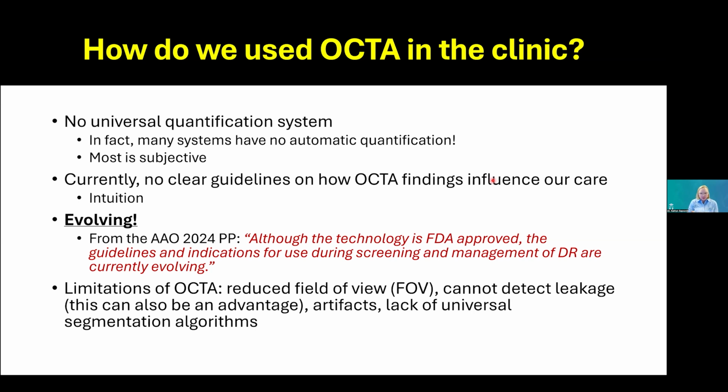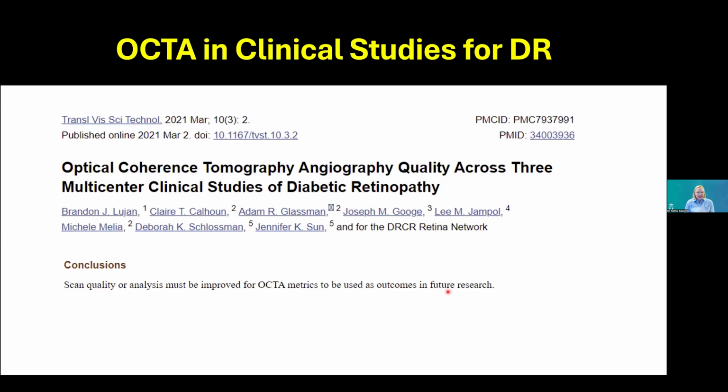There's, of course, a couple limitations of OCTA. Many of these are continuing to improve with faster scans and improving technology, but one of the main issues is that lack of universal segmentation algorithms that we discussed a little bit ago. Now, OCTA has already been used in a lot of the clinical studies that the drcr.net has been doing.